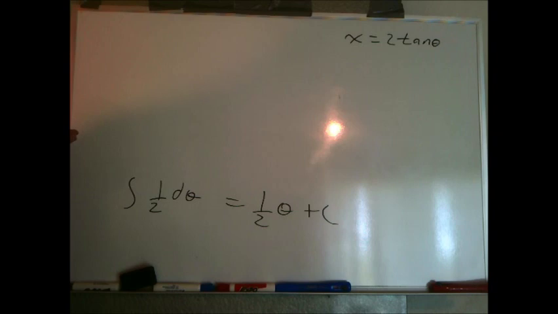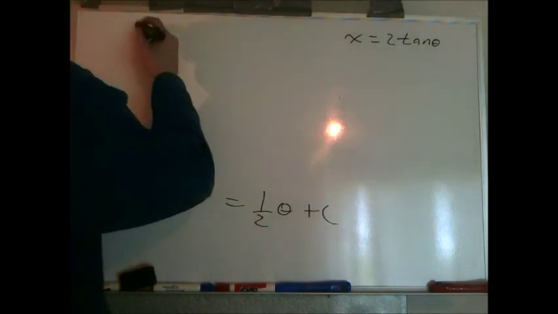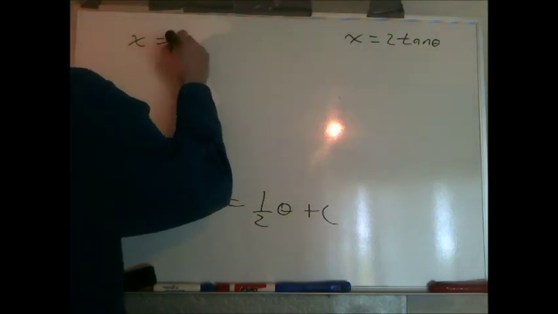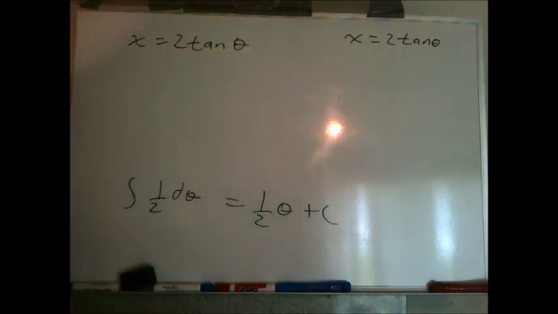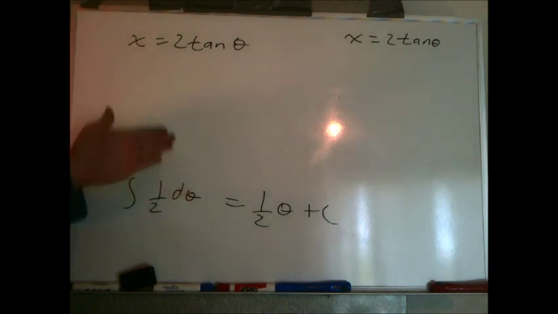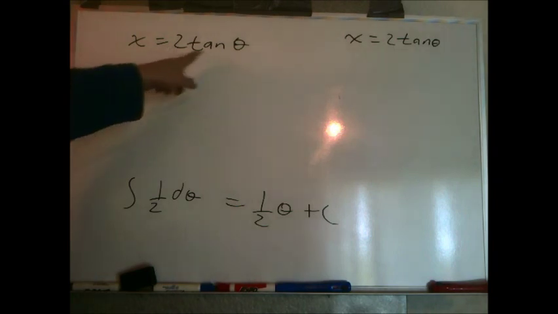So, I'll just rewrite it over here. If x equals 2 tangent theta, and we're trying to find it in terms of x, when we know something about theta, then we're going to have to use our inverse trigonometric functions and solve for theta.